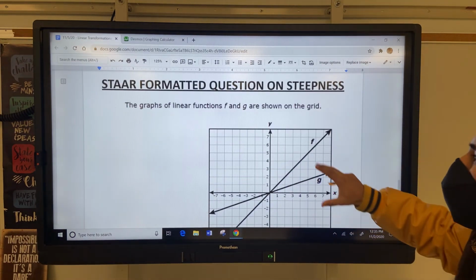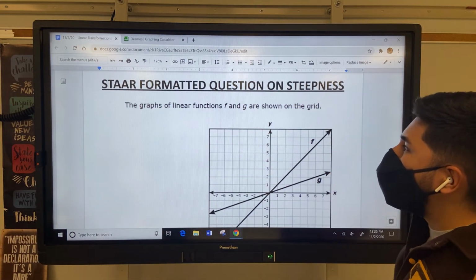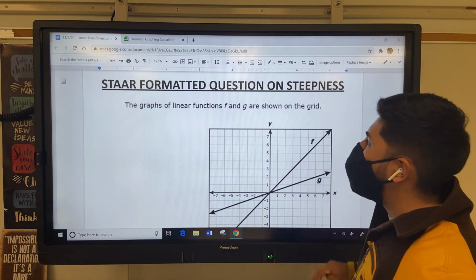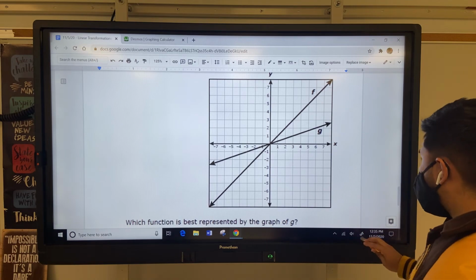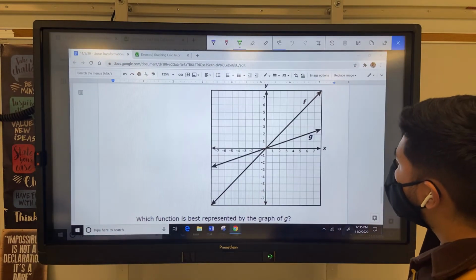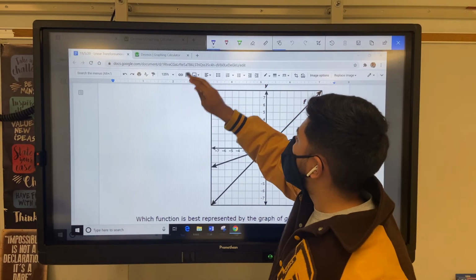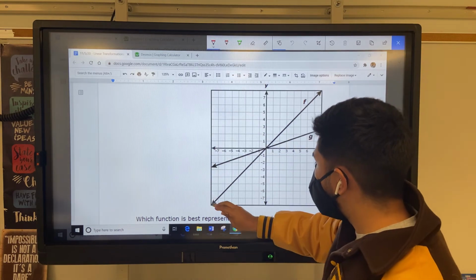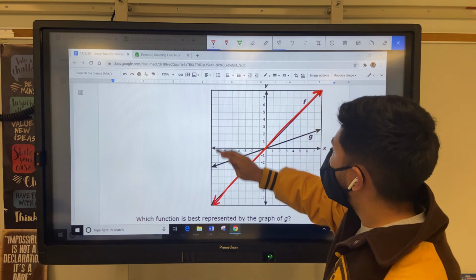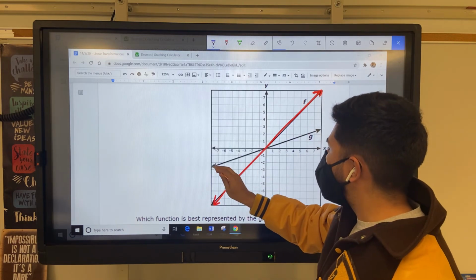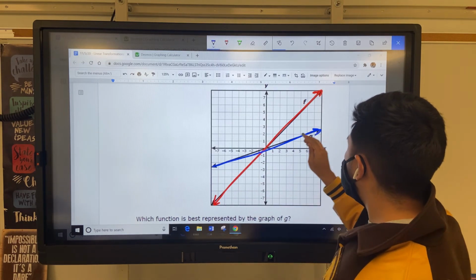And this is how your test is going to be formatted because it's STAR related. Okay? So we have the functions f of x. I'm going to do the f of x in red. And then we have our g of x in blue.